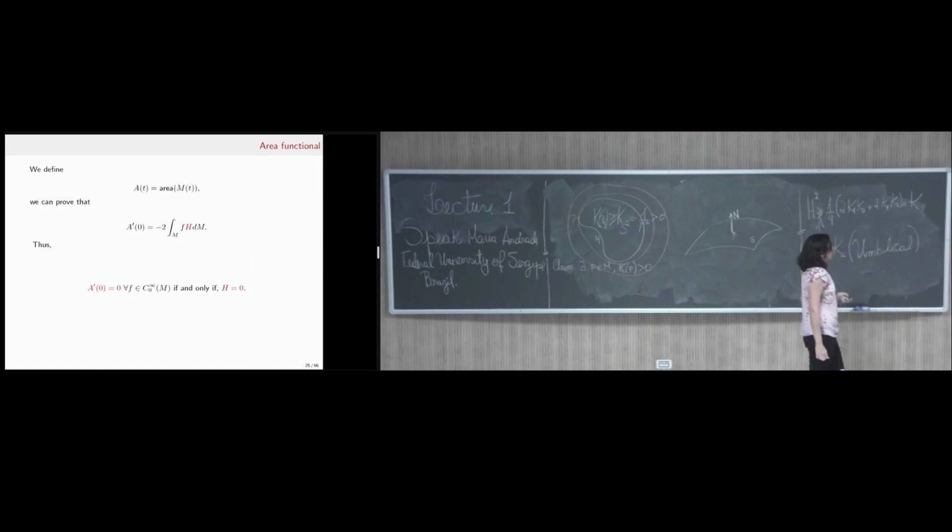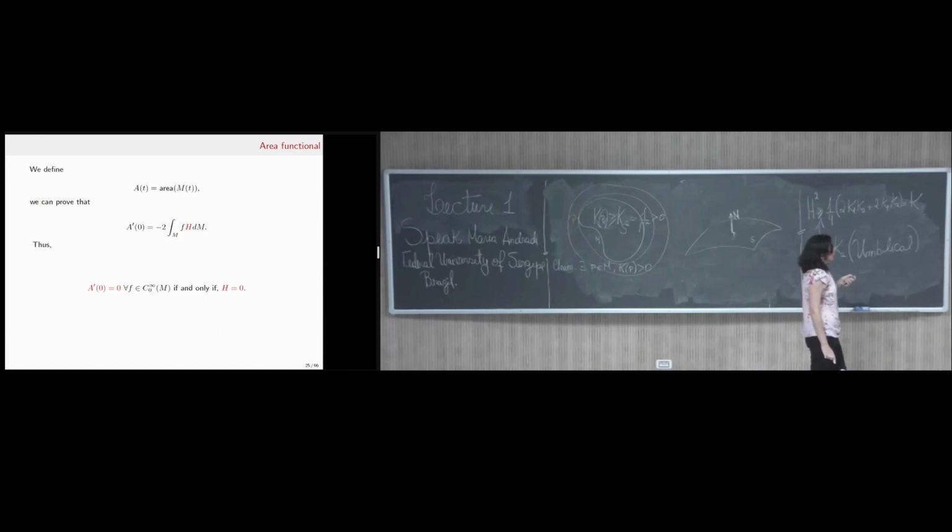You can define here this area functional given by this expression. Remember, this is important for us here: my surface is compact without boundary, okay? It doesn't have boundary. So you can calculate the first derivative of this, and you have this expression.